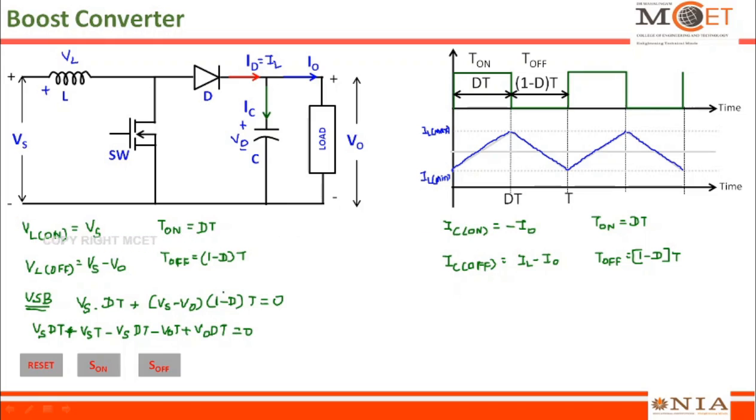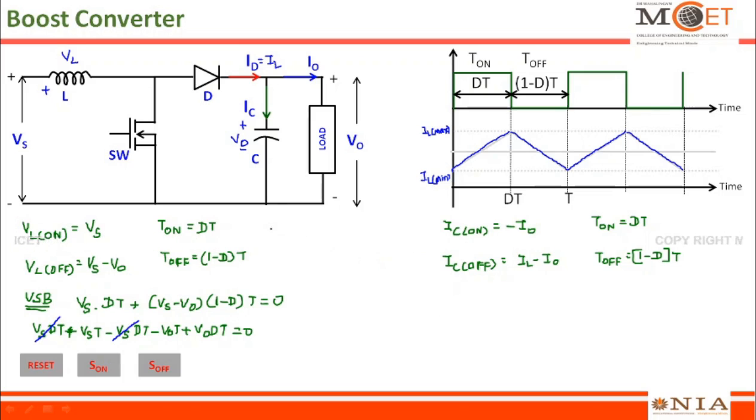I just multiplied all these terms: Vs into T, minus Vs into dT, minus V0 into T, plus V0 into dT. Now if you look here, this Vs into dT and minus Vs into dT will get cancelled.